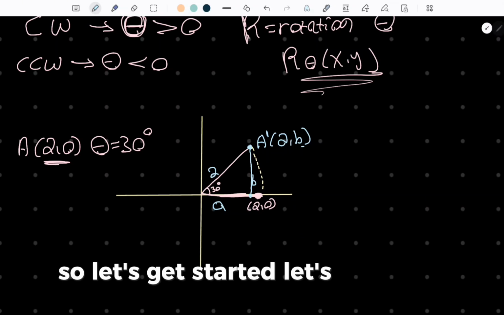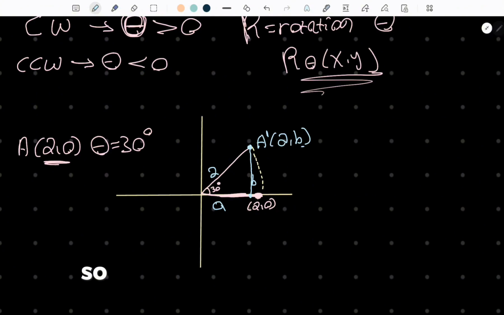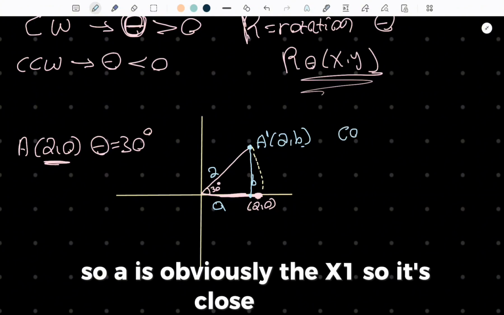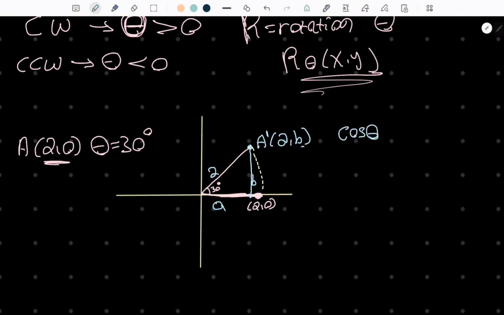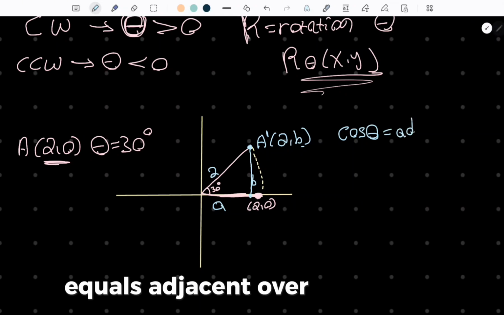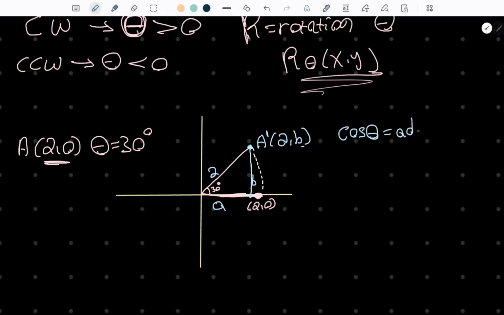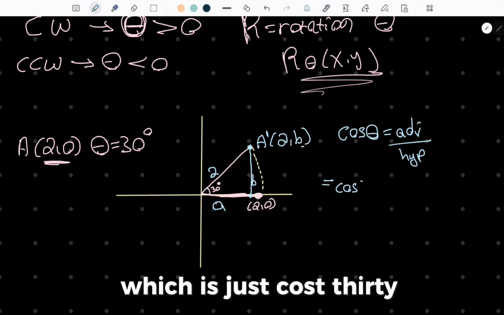So let's get started. Let's first solve for a. a is obviously the x-coordinate, so cos theta equals adjacent over hypotenuse, which equals cos 30.